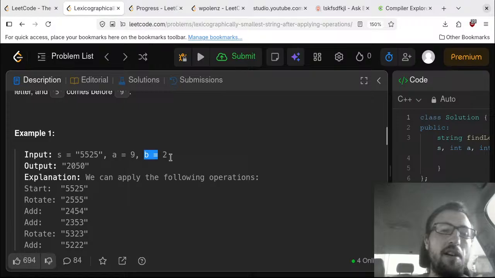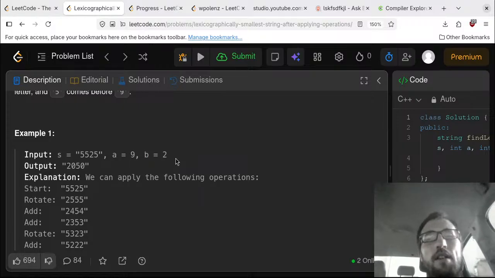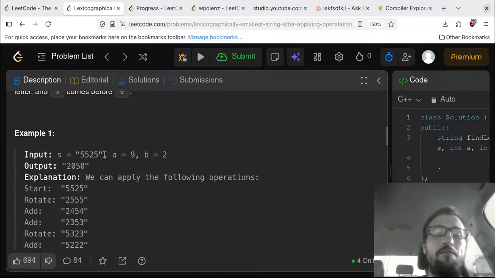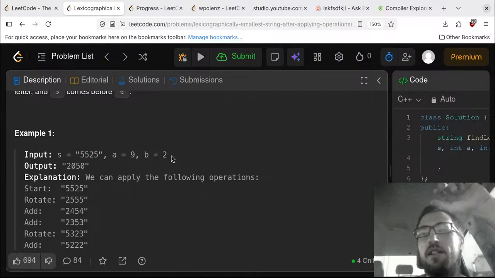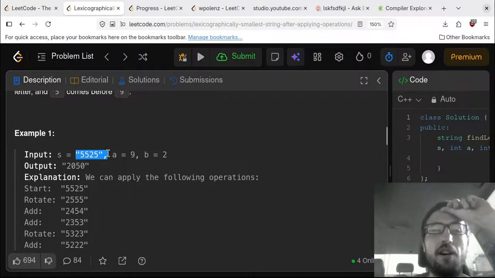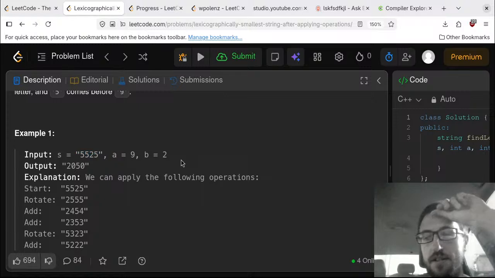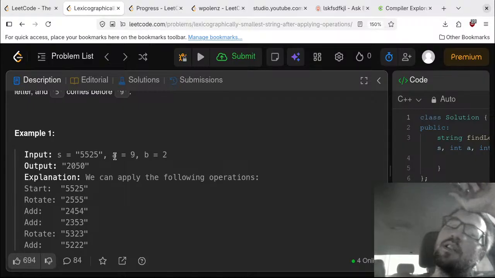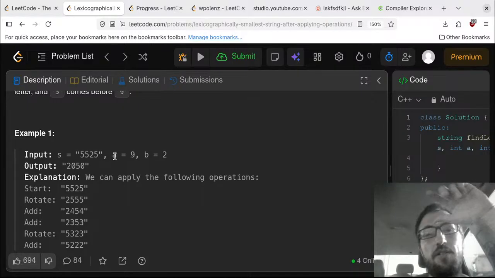In addition, I don't necessarily have the even possibilities. It's the GCD of the size of S and B. I would have to divide S by that GCD, and that would give me the number of rotation points that I could use.